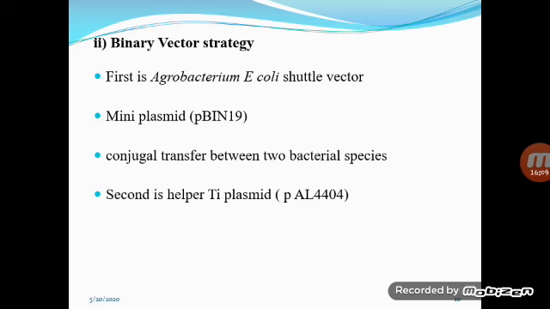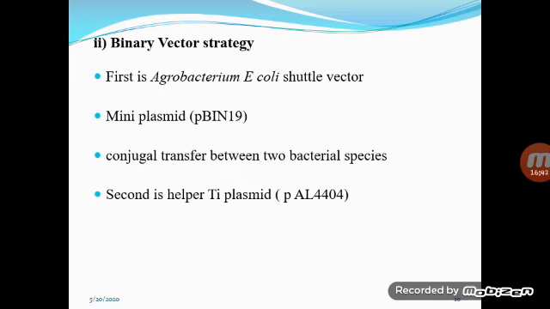The second strategy is the binary vector strategy. Binary means two, so we can also call this the two-vector strategy. Agrobacterium contains two different recombinant plasmids, one bacterium with two plasmids, while in the previous case there is only one vector, the co-integrated type.